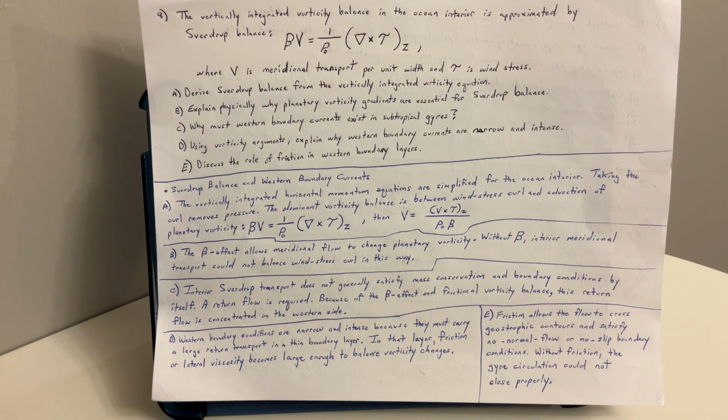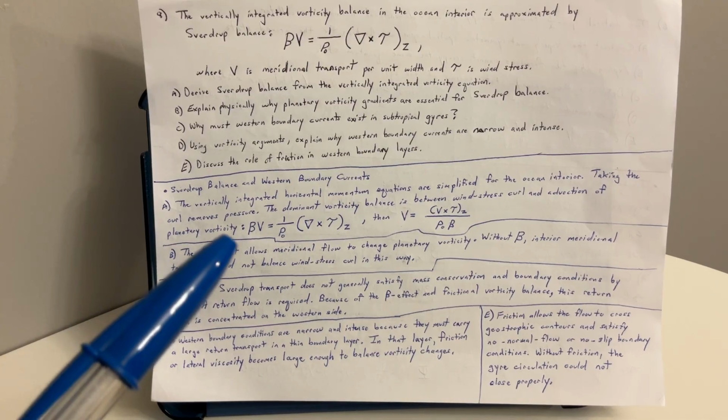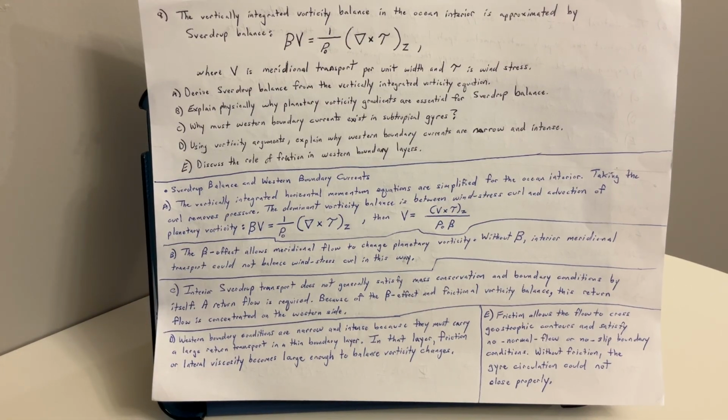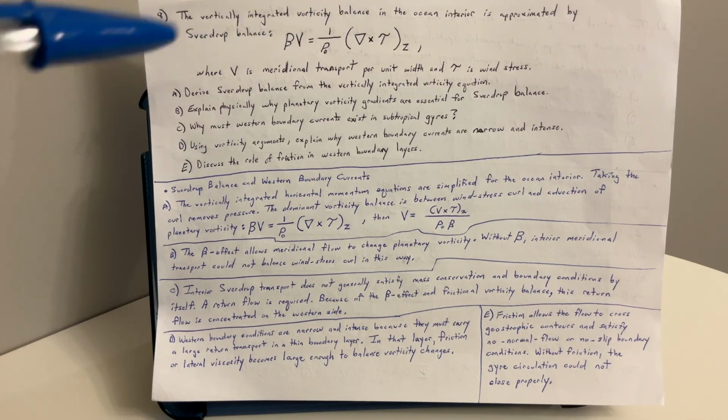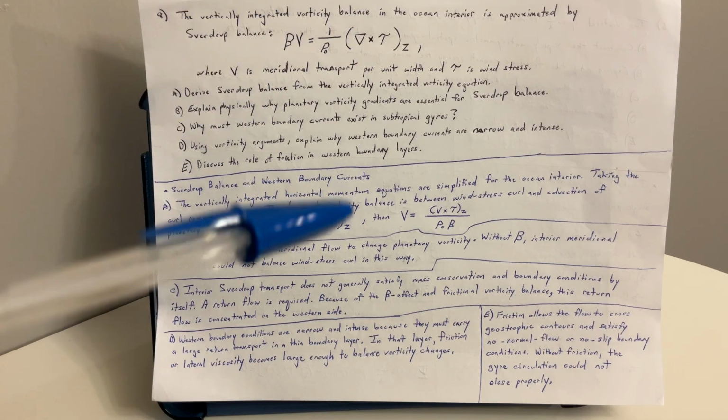So here we go. The vertically integrated horizontal momentum equations are simplified for the ocean interior. Taking the curl removes the pressure. The dominant vorticity balance is between wind stress curl and advection of planetary vorticity. So you get what we were given, the Sverdrup balance.